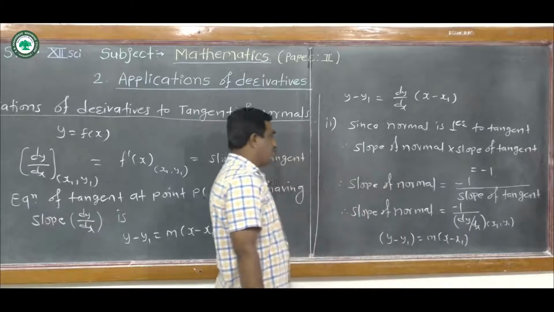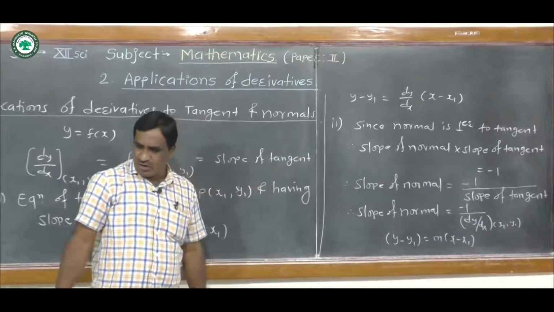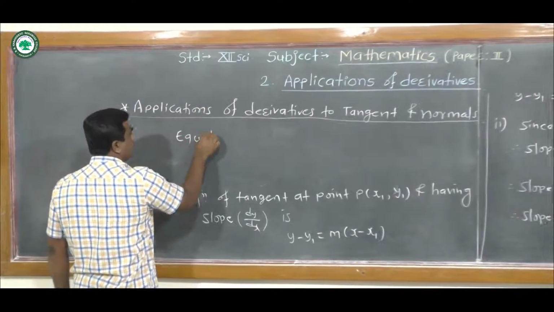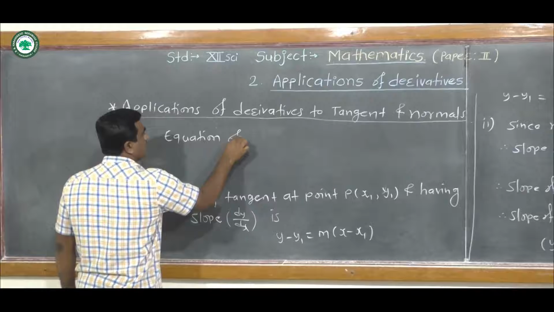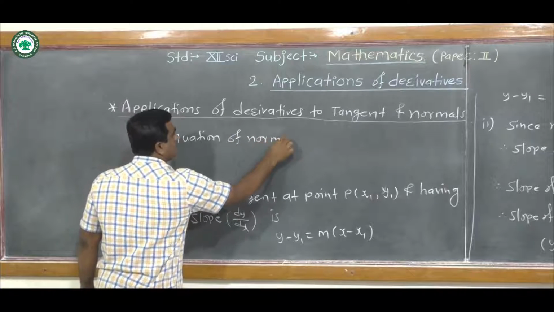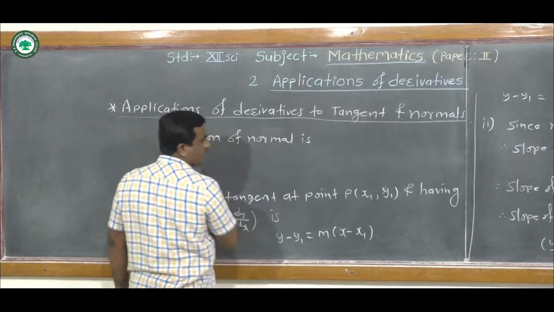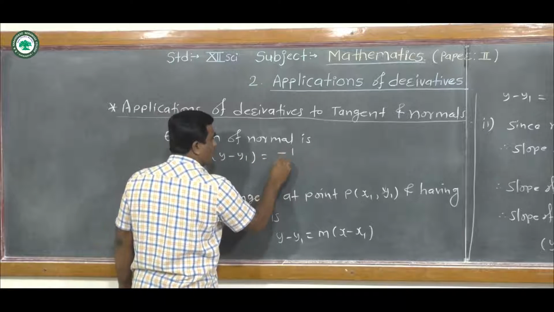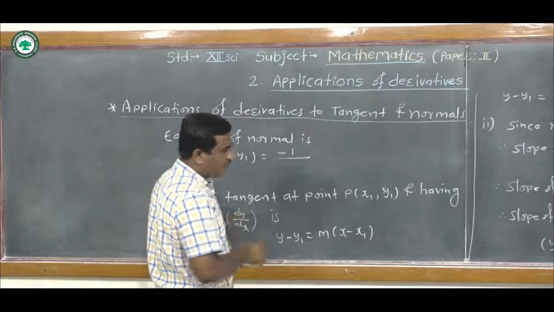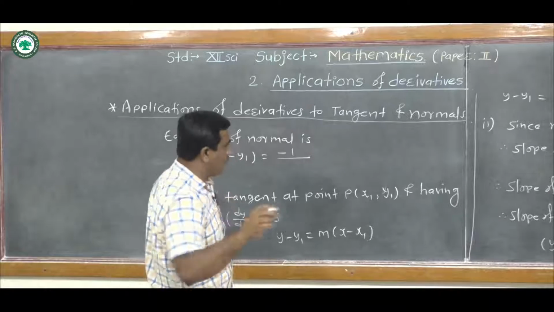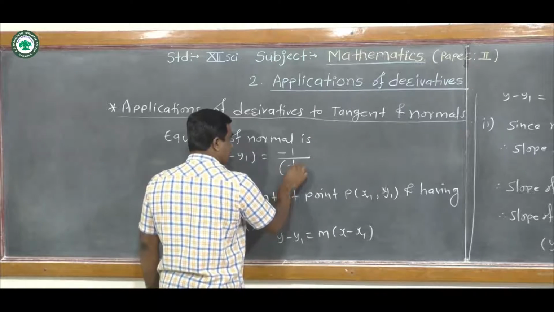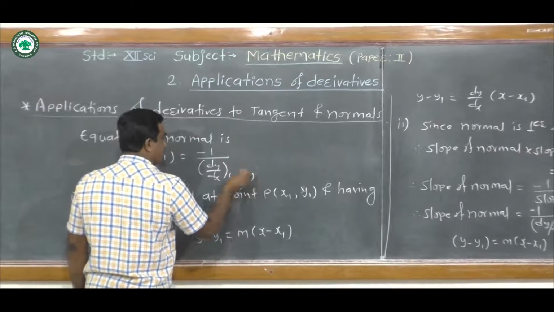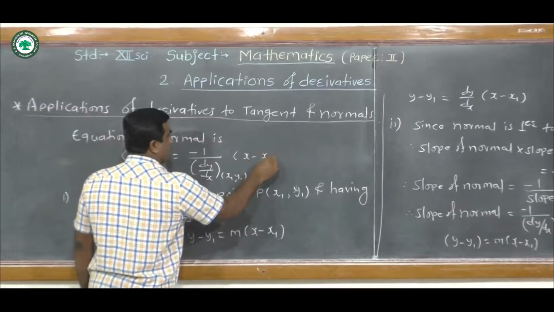So the equation of normal is y minus y1 equal to minus 1 upon dy by dx at point (x1, y1) into x minus x1.